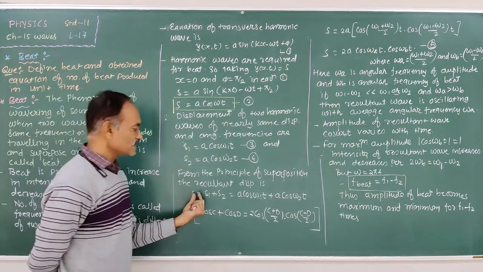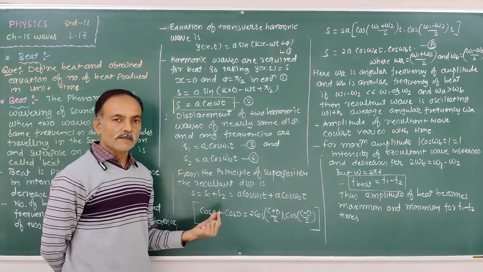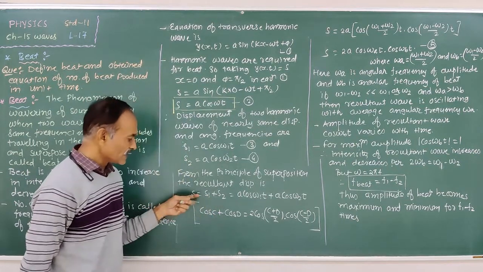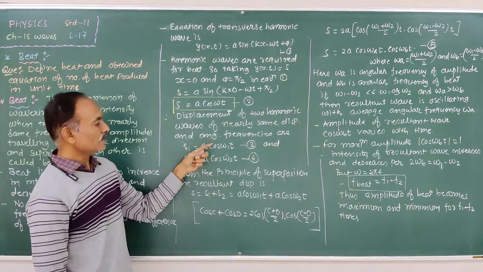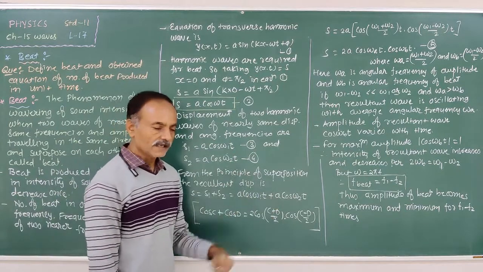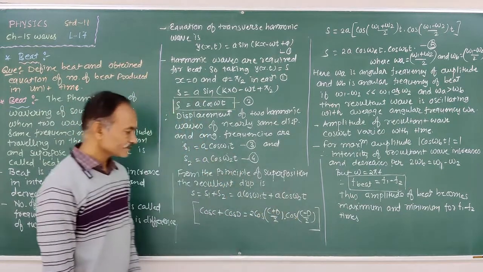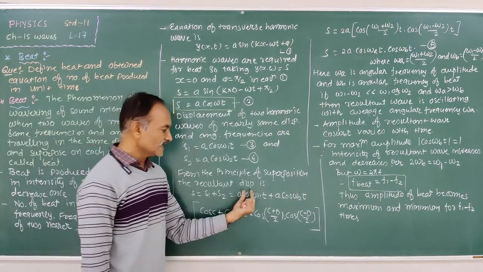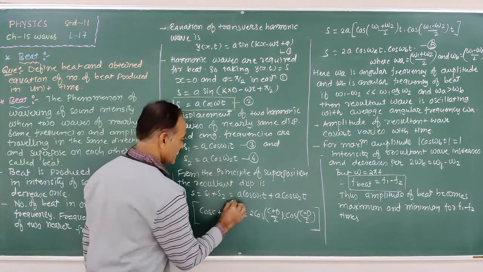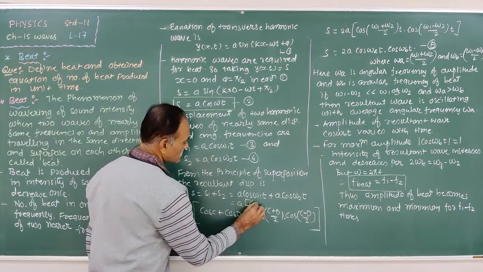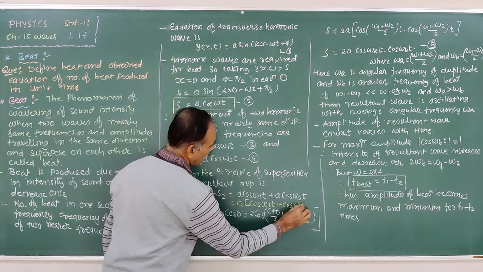The resultant displacement is the vector sum of the displacements of the individual waves. Now, S1 is A cos omega 1t plus S2 is A cos omega 2t. A is common, therefore we can add A times cos omega 1t plus cos omega 2t.